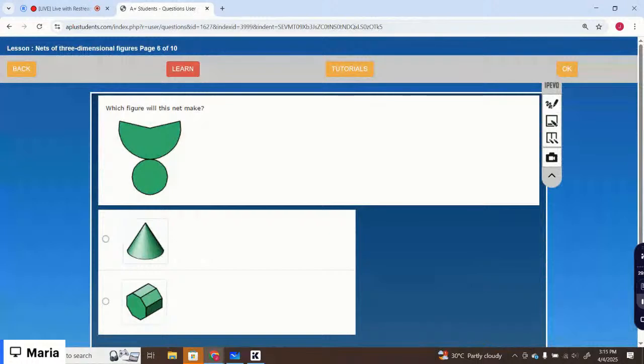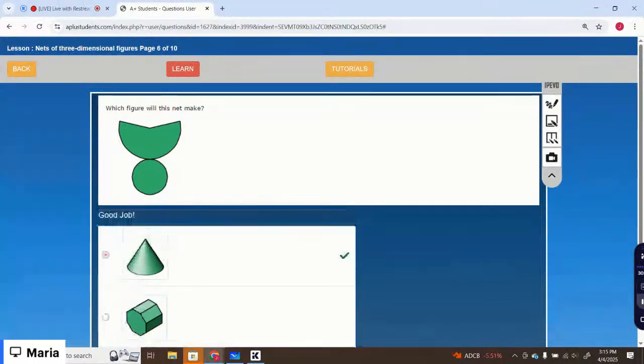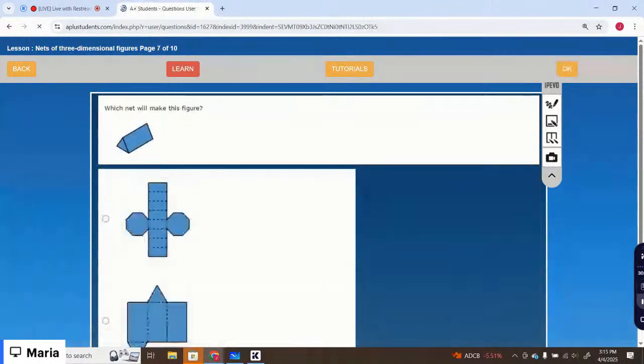Which figure will this net make? Which is the correct option? Option number one is the correct option. Which net will make this figure?